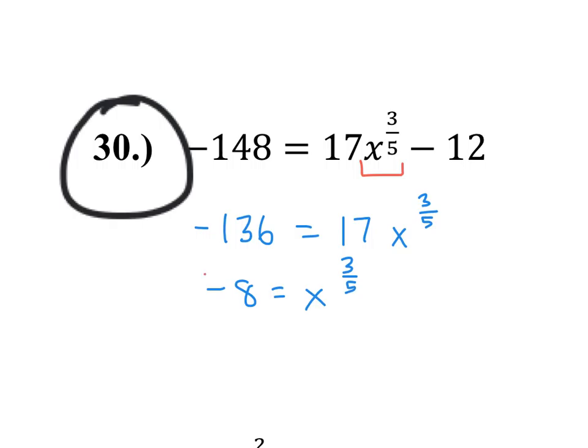And now we need to raise both sides of this equation to the reciprocal of 3/5, which is 5/3.